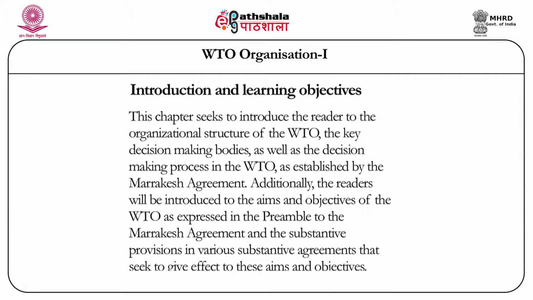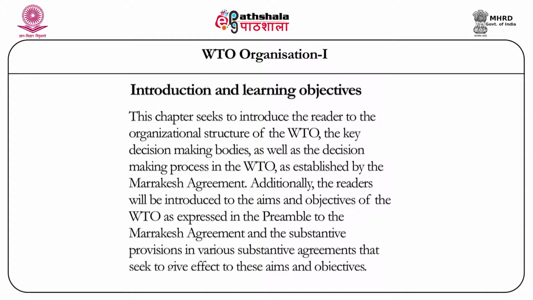The chapter then seeks to introduce the reader to the organizational structure of the WTO, the key decision-making bodies, as well as the decision-making process in the WTO as established by the Marrakesh Agreement.